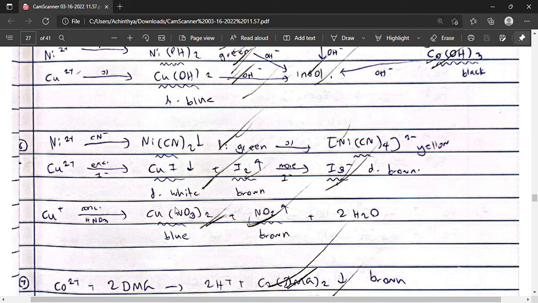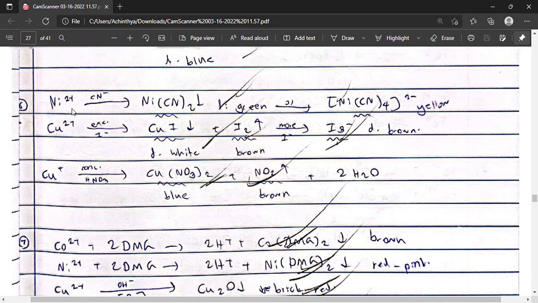Ni(CN)4 2-. If we add excess iodide solution into copper 2+ ion, we get the dirty white precipitate known as copper iodide, and we get the evolution of the brown iodine.